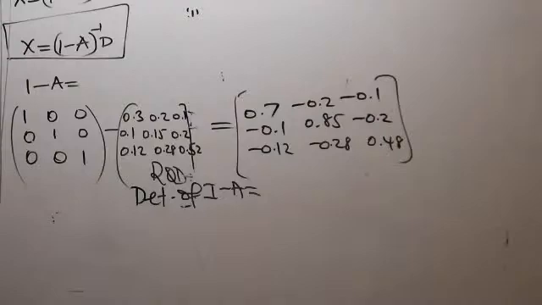So determinant of A, according to the software, is getting 0.219. 0.219. How about Lucy? How about Kadra? How about Match?